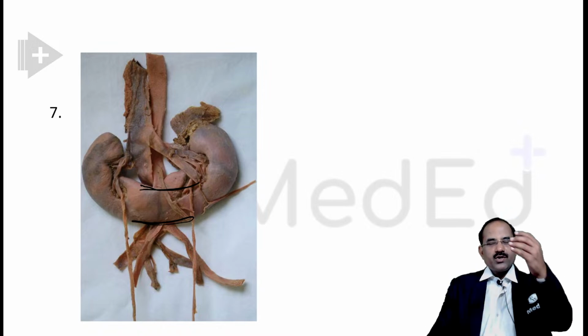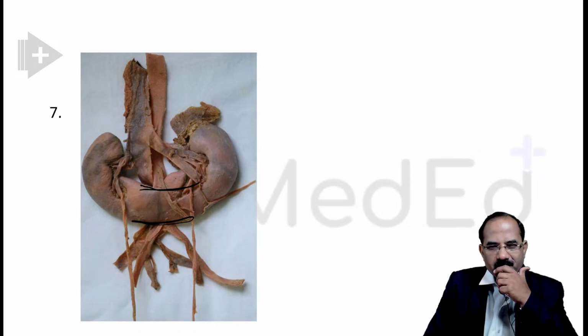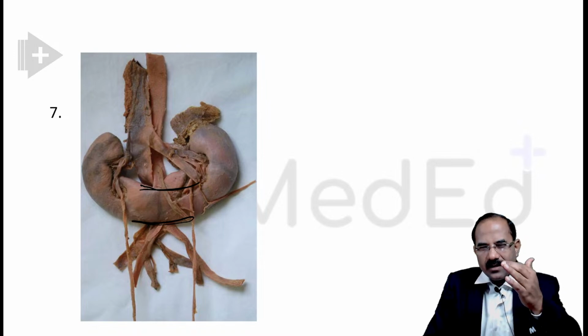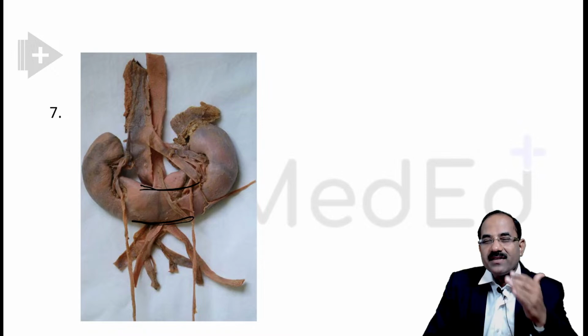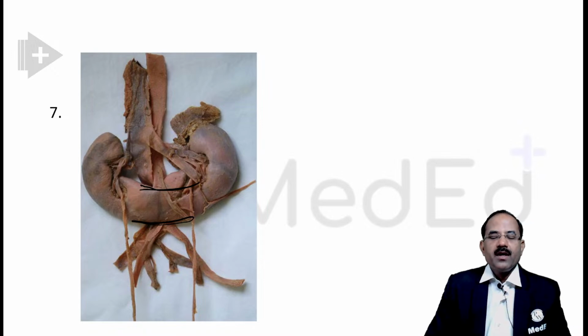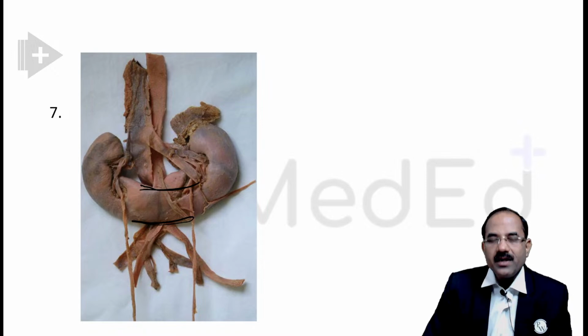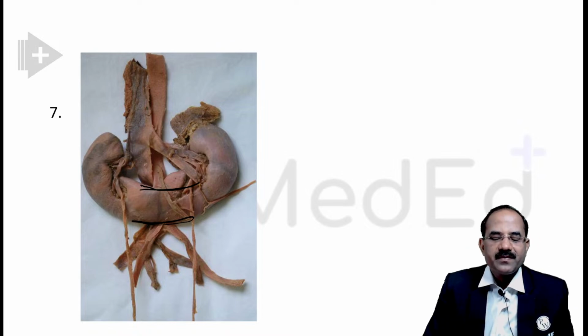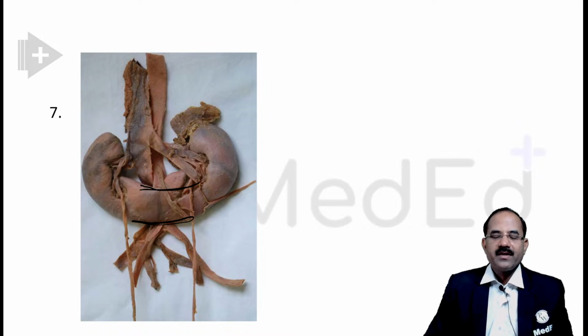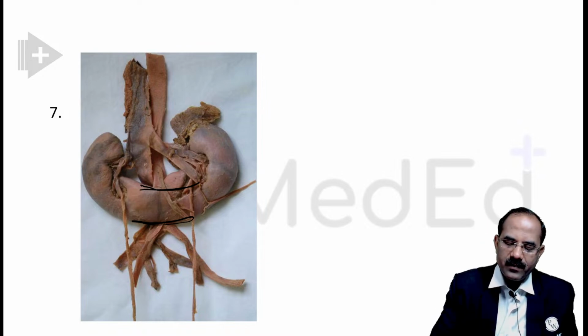When there is a horseshoe-shaped kidney, the ascent of the kidney remains arrested at what vertebral level? Any guesses? You can see this artery here.